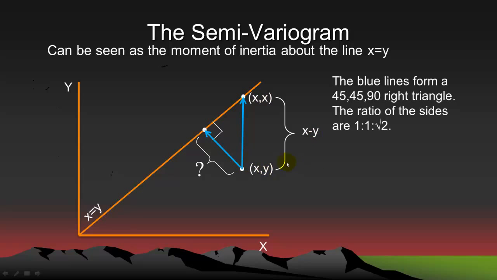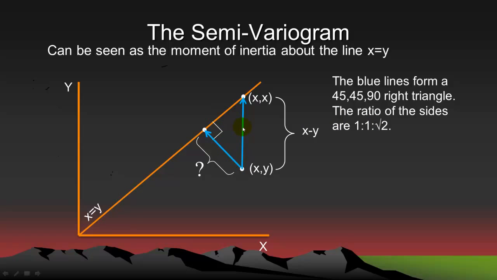If we look at the blue lines here and close it off with this part of the x equals y line, we should recognize that we have a 45, 45, 90-degree right triangle. So there's 90 degrees there, 45 here, 45 here. And if we remember our geometry, the ratio of the sides are 1 to 1 to root 2.